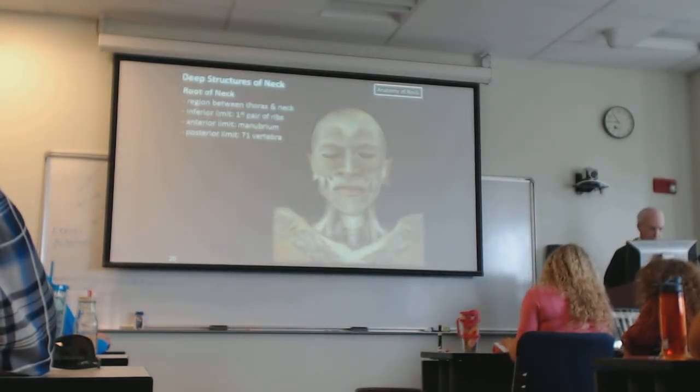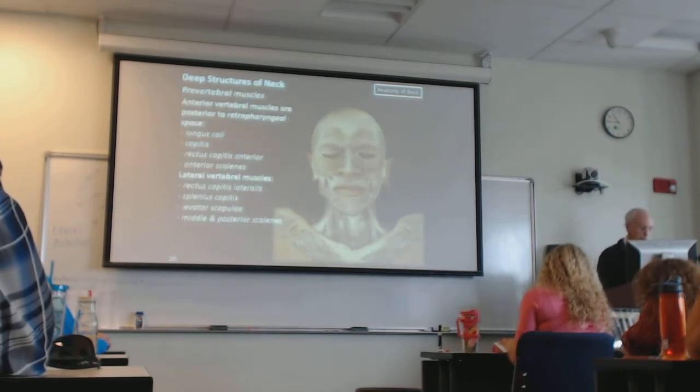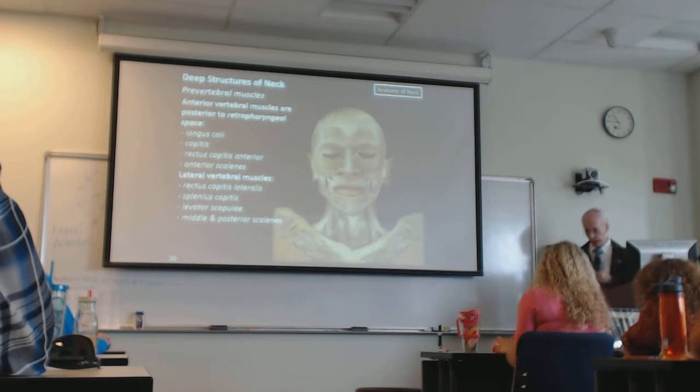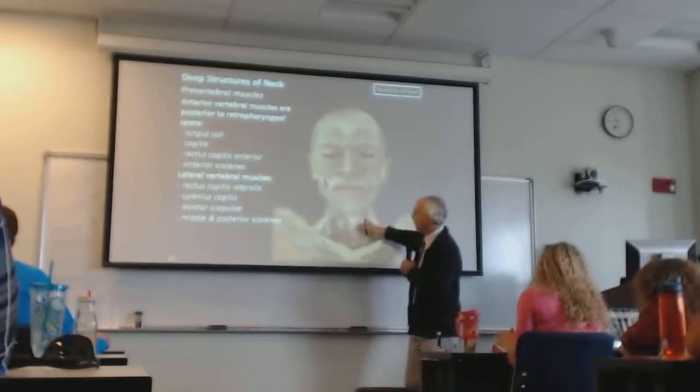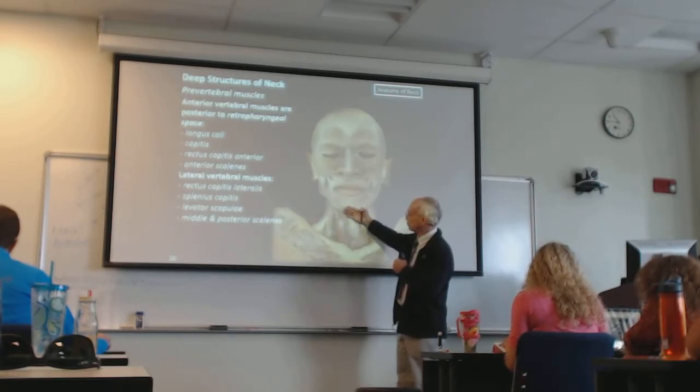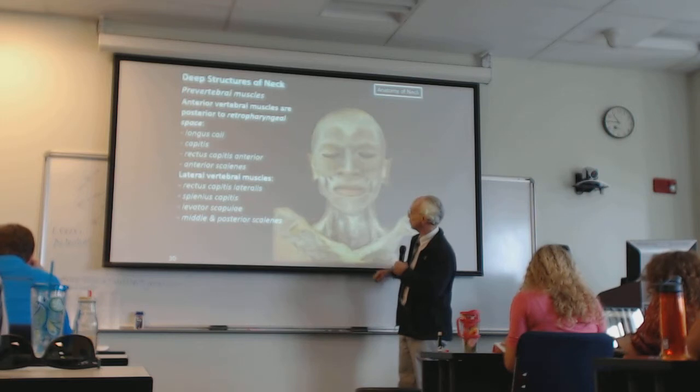Now, when we talk about deep structures of the neck, this is something of an anatomical artifice. What we're really talking about is the regions deep to the visceral layer of the neck, just anterior to that muscular layer, all that vertebral and muscular.